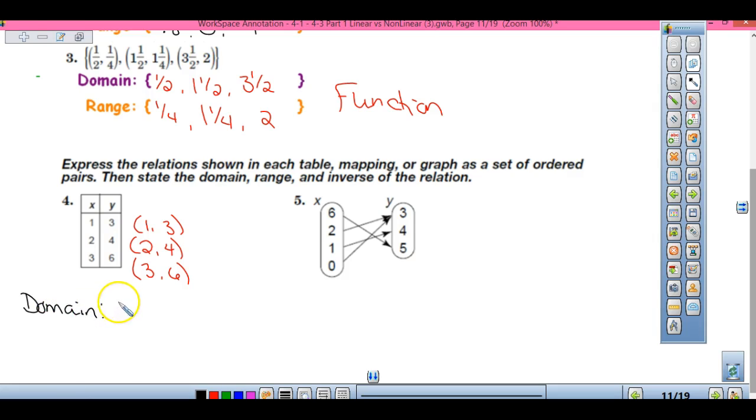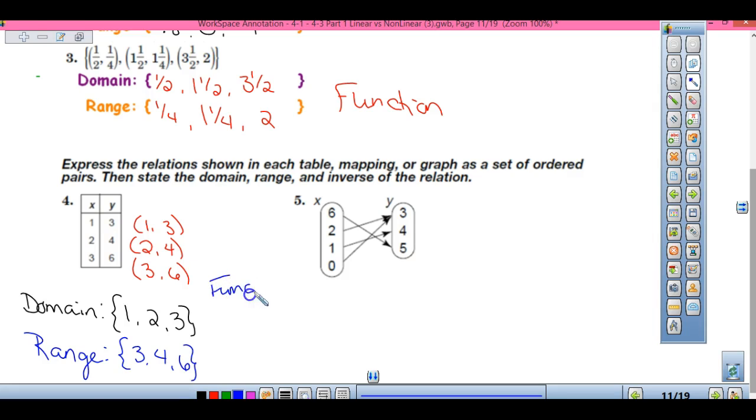My domain is 1, 2, and 3. My range is 4 and 6. Is this a function? Yep. Function.